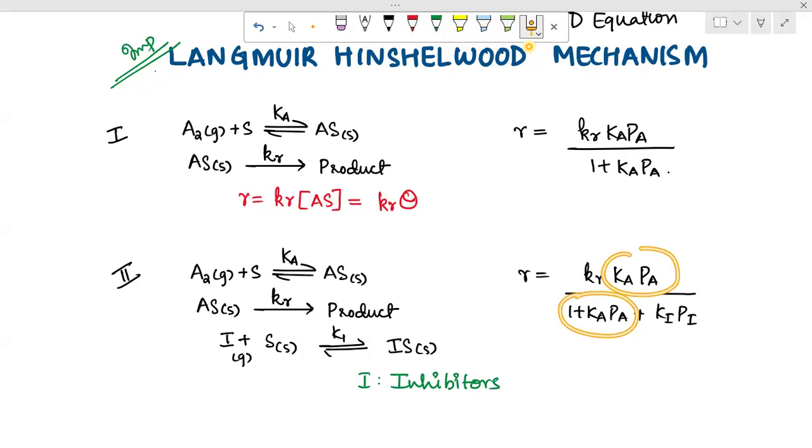In addition to that, you have to consider the product of the inhibitor gas as well. That should also be considered. See, it's not just KAPA by 1 plus KAPA. Instead, it is KAPA by 1 plus KAPA plus KIPI. Here also, this is the rate determining step. So you have to consider the other inhibitor as well.